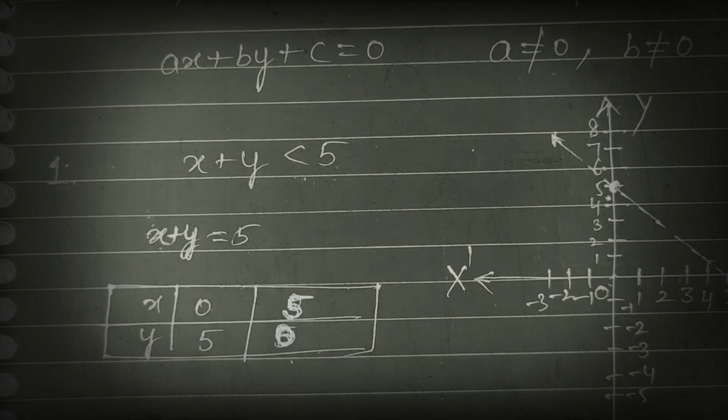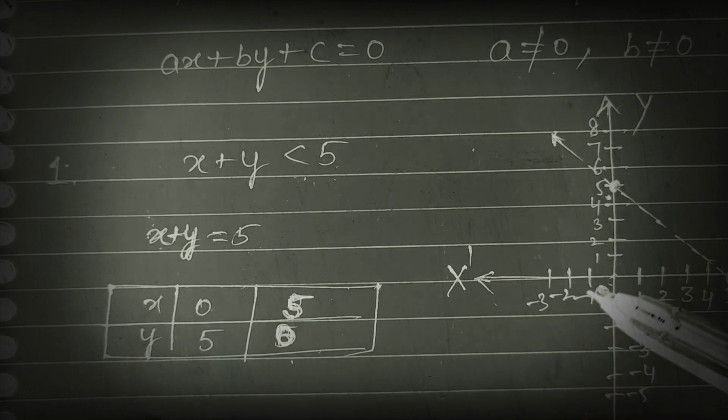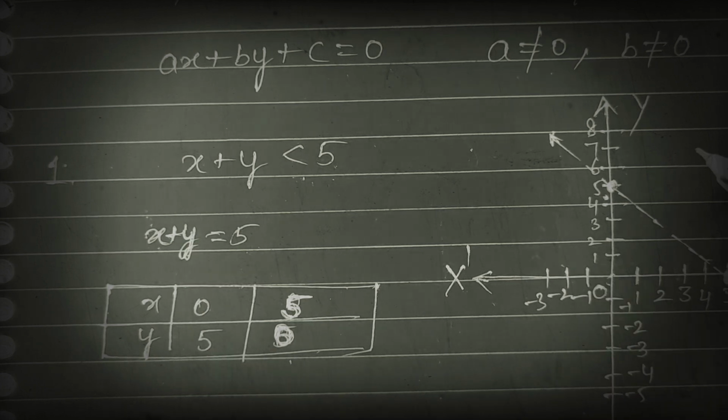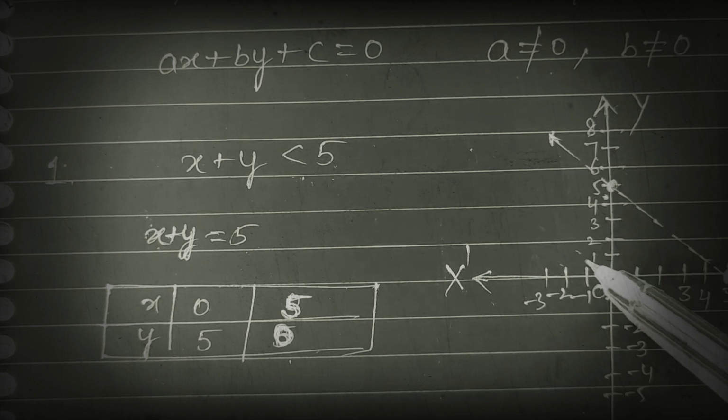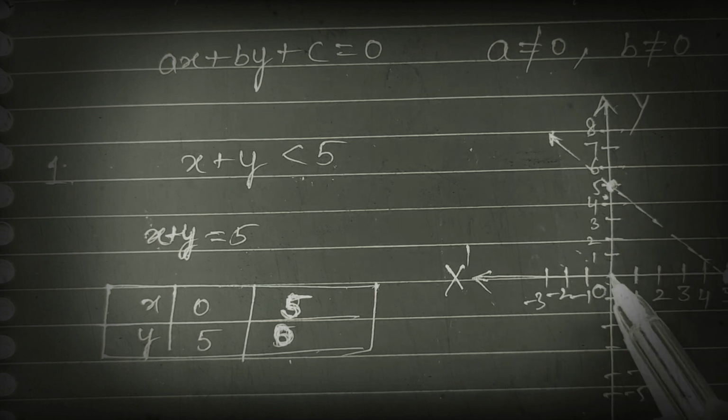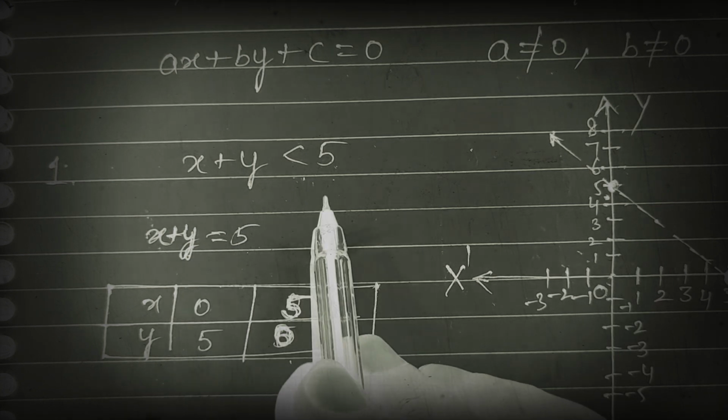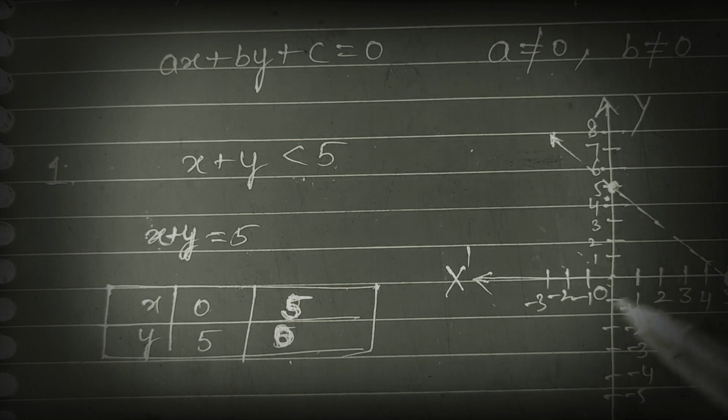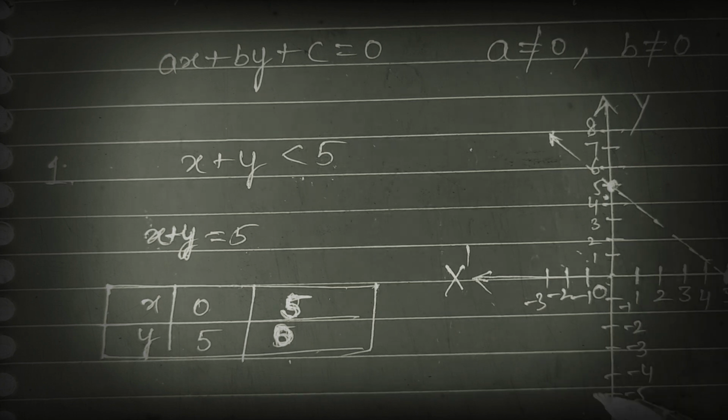So how will we find it? Suppose we can take any point from this side or this side, from this half plane or this half plane. Suppose 0, 0 is on this side. If 0, 0 satisfies this, then the shaded region will be on this side towards the origin.